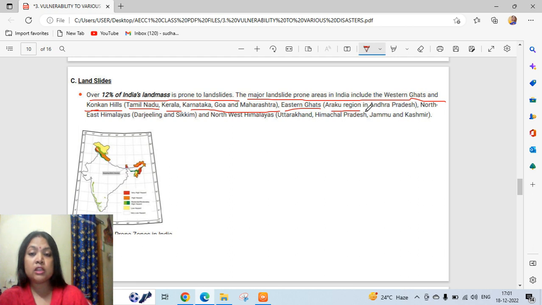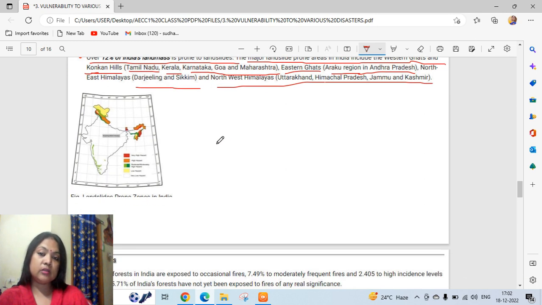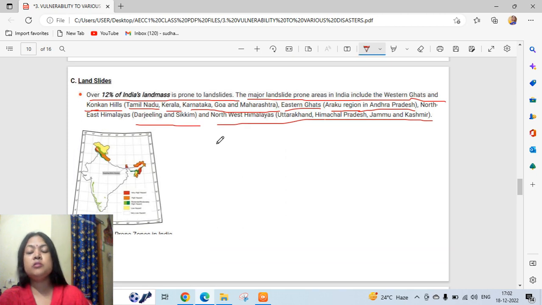Araku region in Andhra Pradesh, that is Araku Valley. Then in northeastern Himalaya, that is Darjeeling and Sikkim, and northwestern Himalaya, that is Uttarakhand, Himachal and Jammu Kashmir. In all these regions, landslide is always taking place. Okay, means these areas are very much vulnerable to landslides.